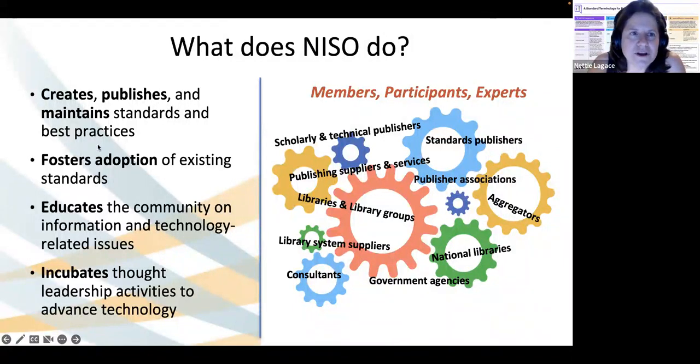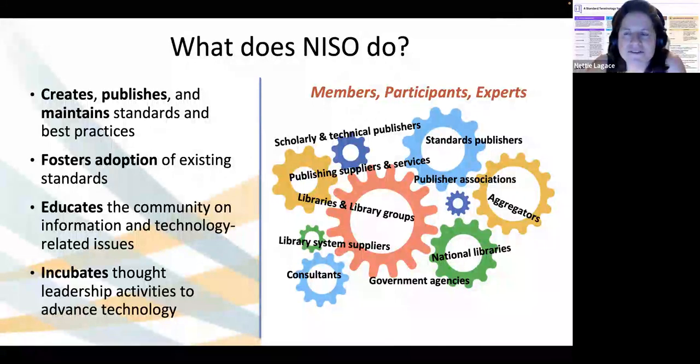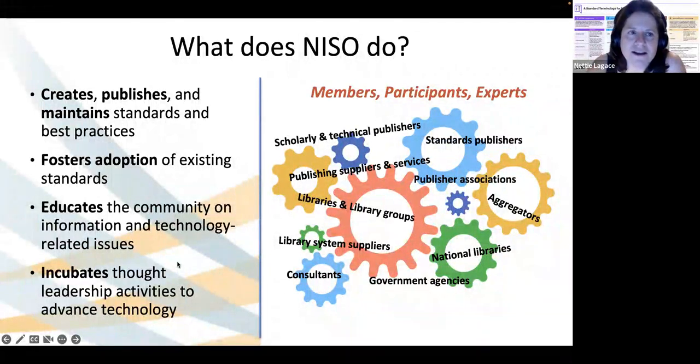So as I said, we create, publish, and maintain standards and recommended practices, 2 kinds of documents. But not only that, of course, once you create something, you need to support it. So we do foster the adoption of these things. And I think you'll see this webinar as part of that, but you'll see more work coming in the future on this particular standard, and continue to educate the community on these issues, as well as cultivate the next generation, what's coming, and how can we move in the right direction for the benefit of everyone.